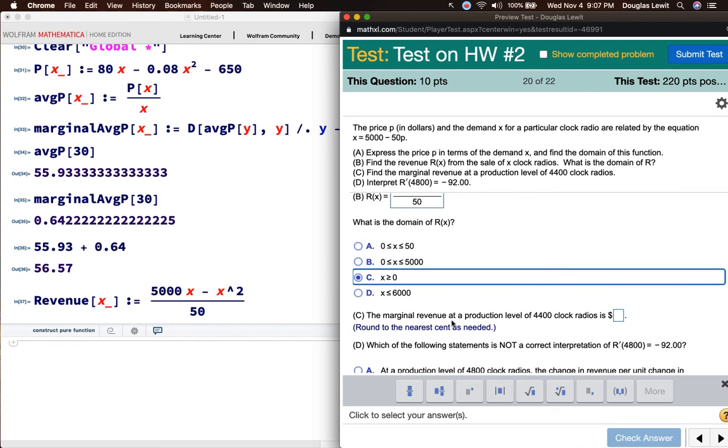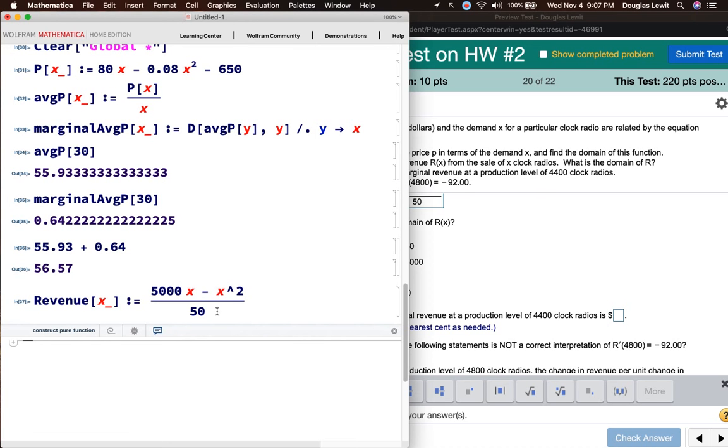Part C, the marginal revenue at a production level of 4,400 clock radios is, okay, so we need to figure out the derivative of the revenue function.